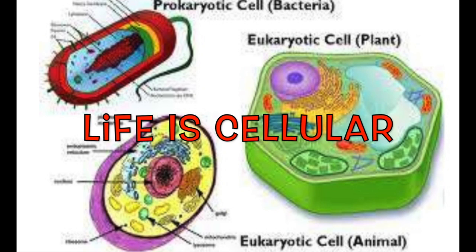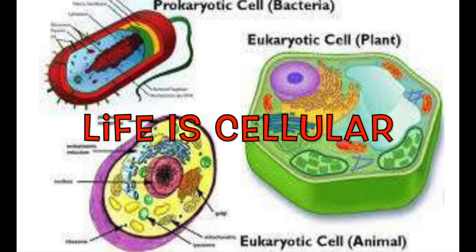Cells fall into two broad categories depending on whether they contain a nucleus. The nucleus, plural nuclei, is a large, membrane-enclosed structure that contains the cell's genetic material in the form of DNA. The nucleus controls many of the cell's activities. Eukaryotes are cells that contain nuclei.